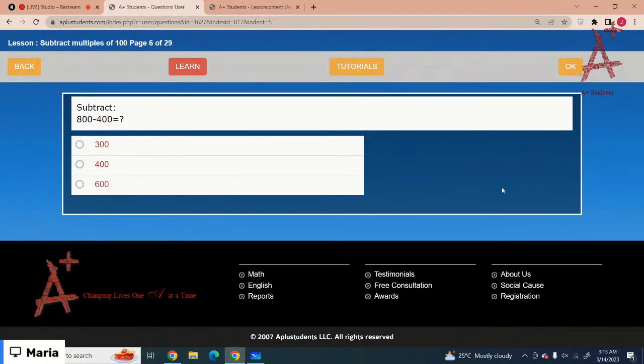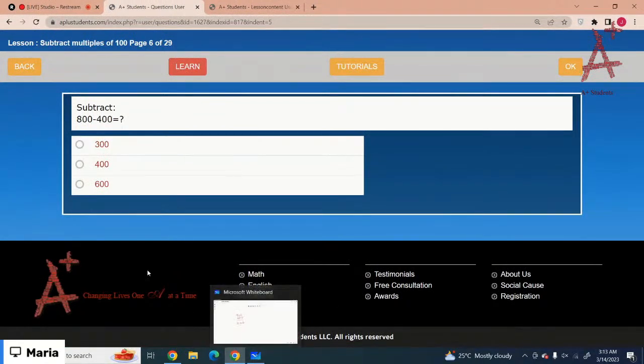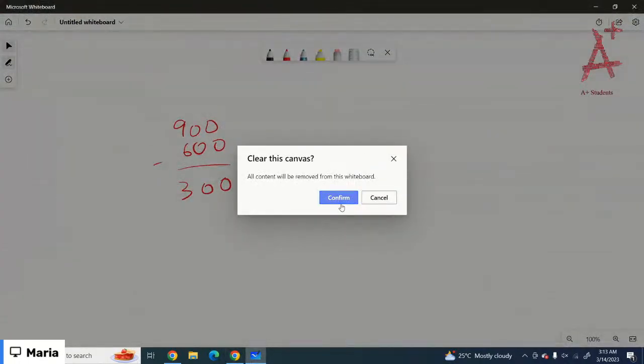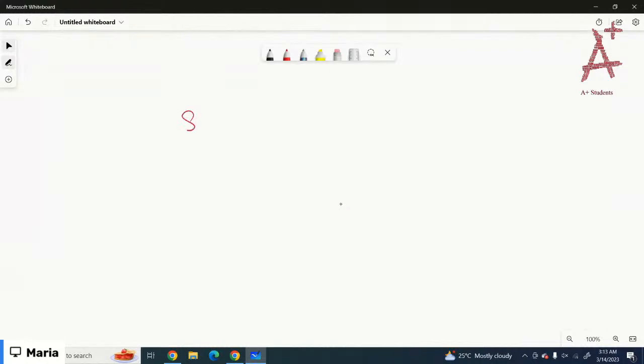Okay, the next one is 800 minus 400. Both the digits have two zeros. They have the same number of zeros. Just subtract the non-zero values. Got it? We know that 0 minus 0 is 0. 0 minus 0 is 0.